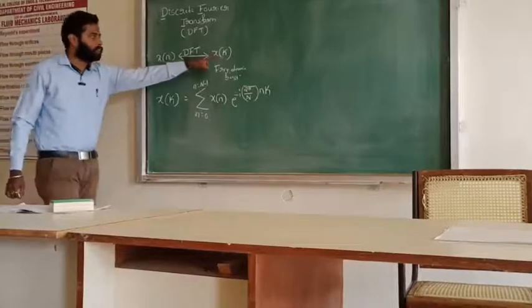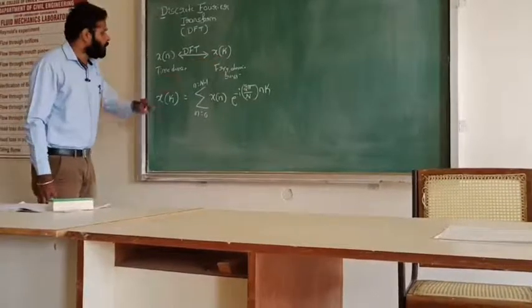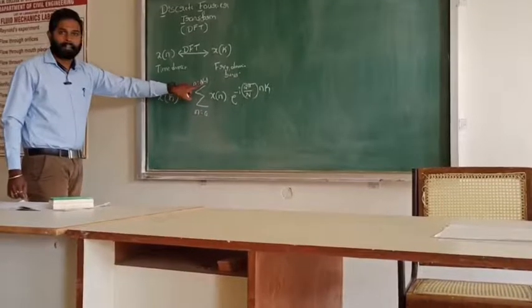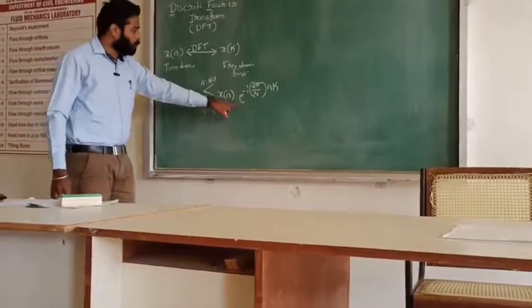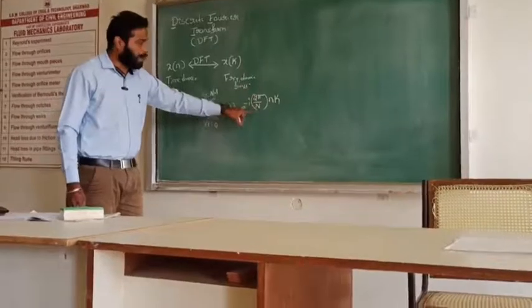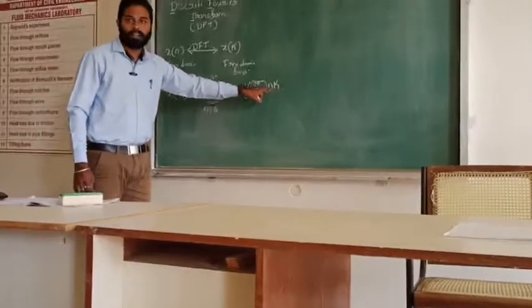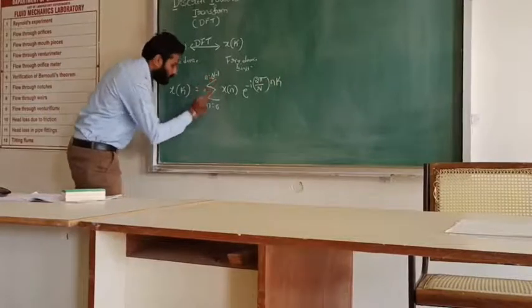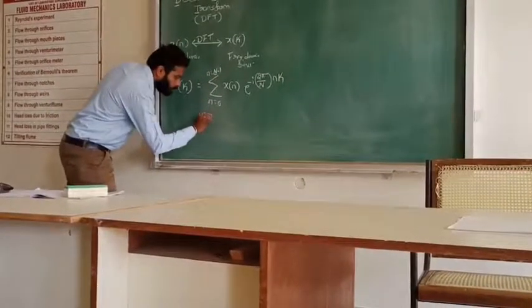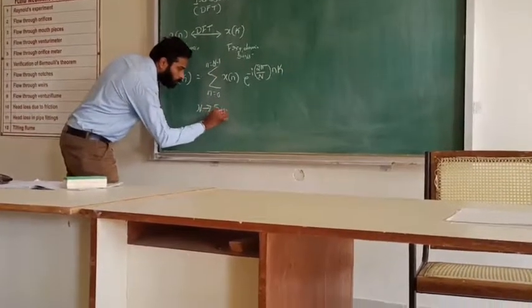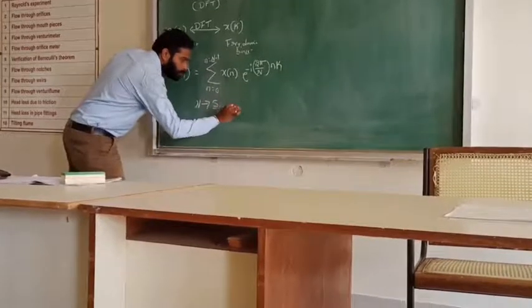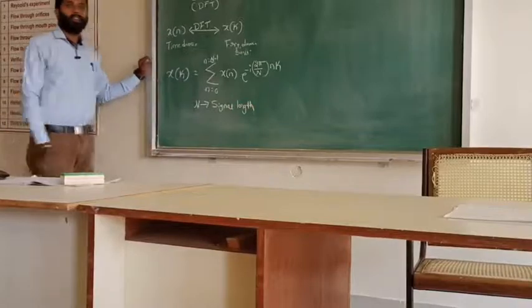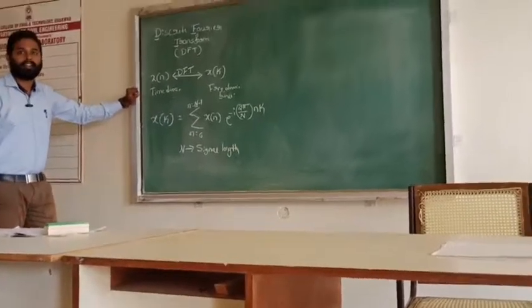This x of k, the frequency function, is given by this summation. So what is capital N here? Here capital N is nothing but your signal length.